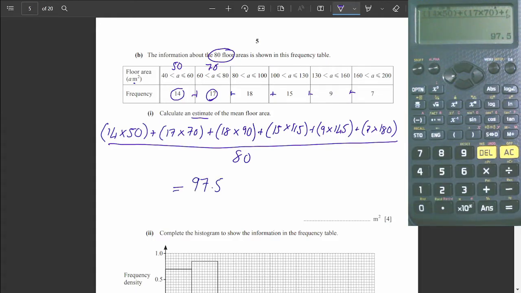Always think, does this make sense? Where is 97.5? It will be over here, somewhere between 80 and 100, which is roundabout in the middle. So it is a valid answer.